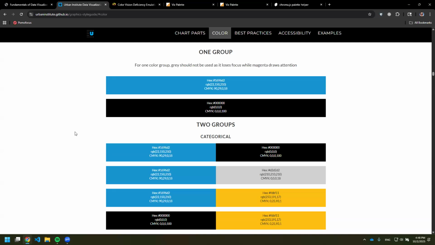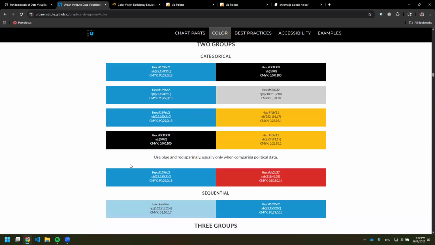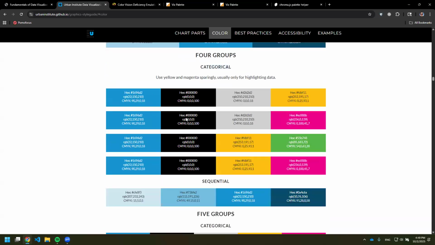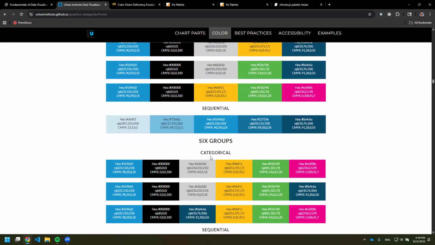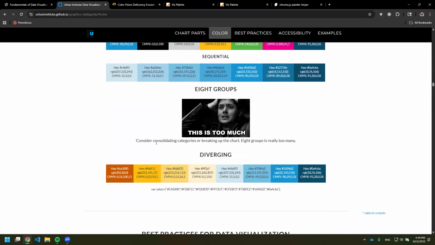They have their own nice style guide, and you'll see that they have colors drawn from their own branding guidelines, different colors for different numbers of categorical groups. They have different scales, so on and so forth, 4 categories. They'll have sequential and categorical things for 5, 6, 7, and then my favorite right here, that's 8. This is too much.